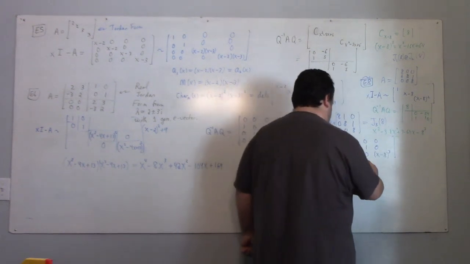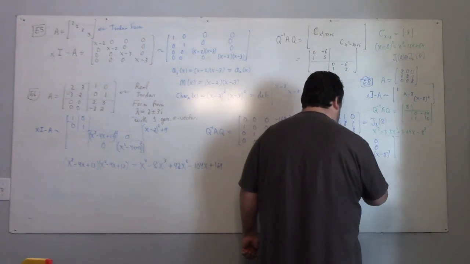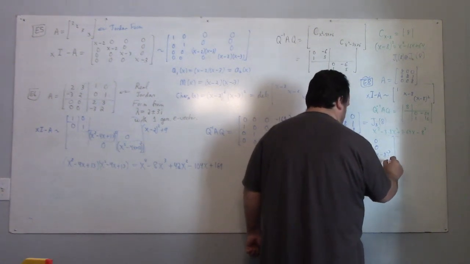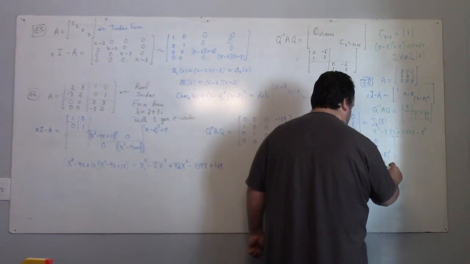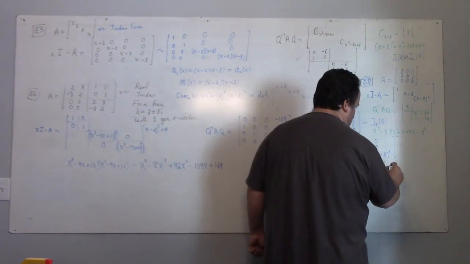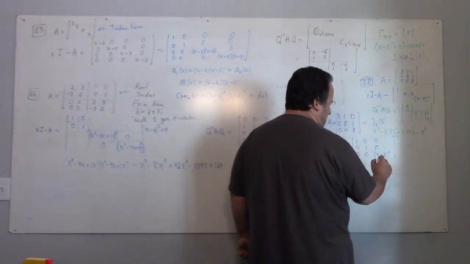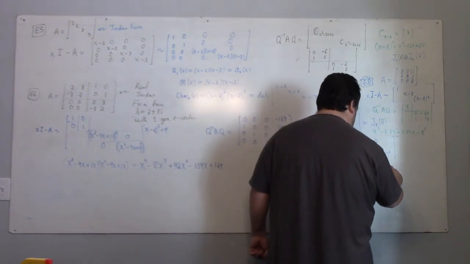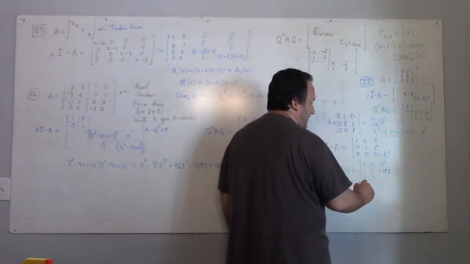So that gives us the rational canonical form 0, 1, 0, 0, 0, 1. And you've got yourself 8 cubed up there, minus 192, which is 3 times 64, and then 24.